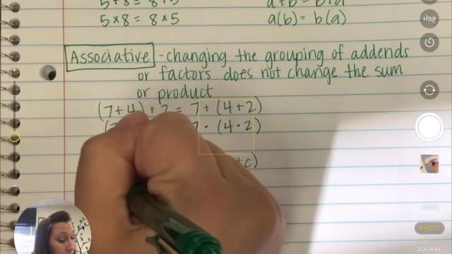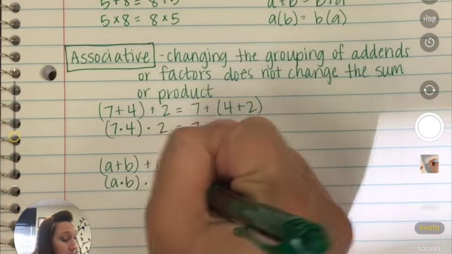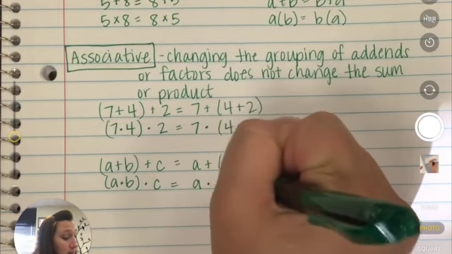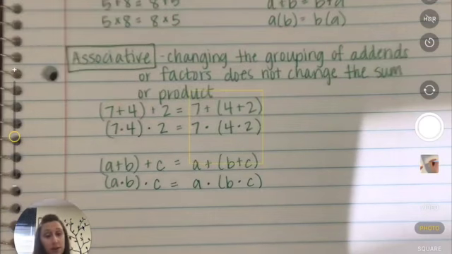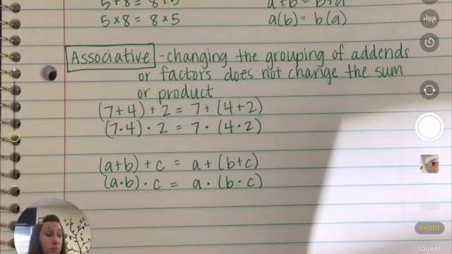And with multiplication, A times B and then times C is the same as multiplying B times C first and then multiplying by A. Again, all of your expressions are equivalent to each other, even though they're grouped differently.